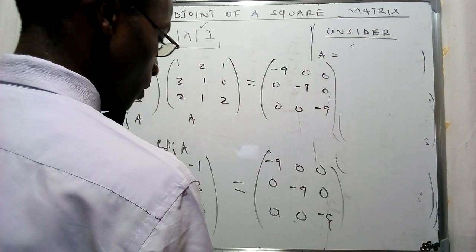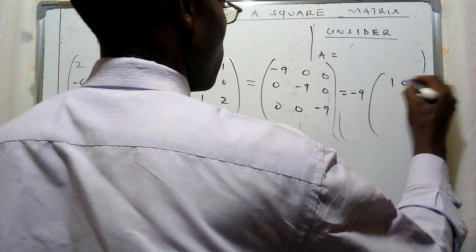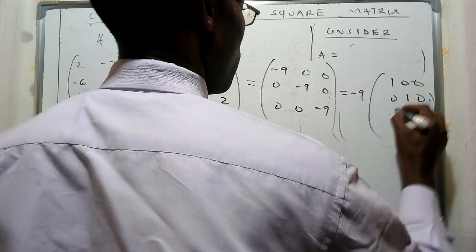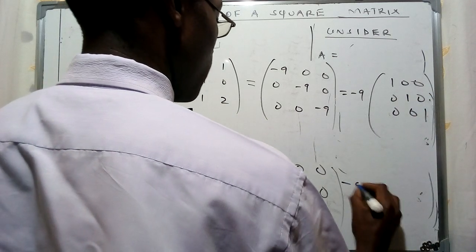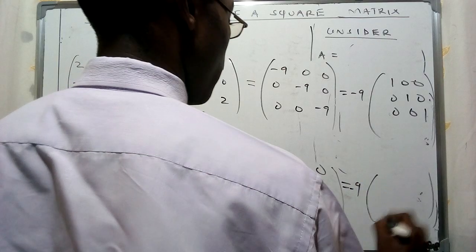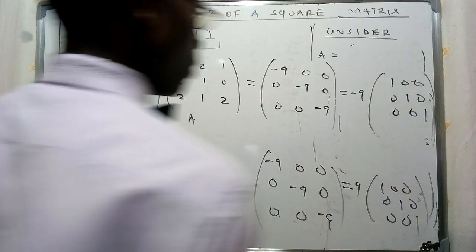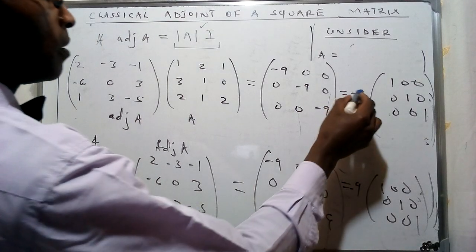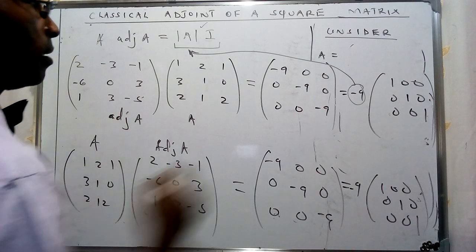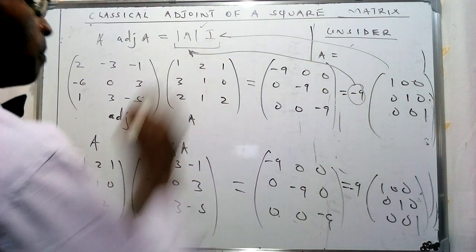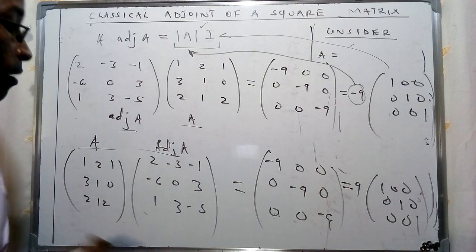So the two matrices we have obtained as products can be given as -9 times 1, 0, 0, 0, 1, 0, 0, 0, 1. And the second case as well gives us -9 times 1, 0, 0, 0, 1, 0, 0, 0, 1. This implies that this value represents the determinant, and the other values represent identity, even when changing the position of the adjoint and A.